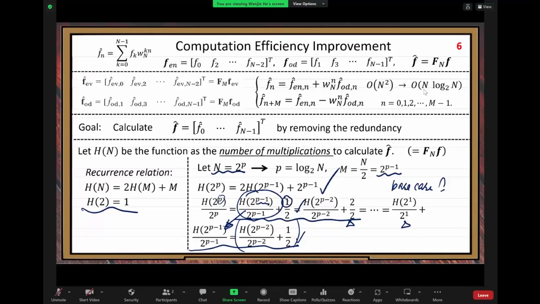P minus 1 plus 1 equals P. In the second iteration, P minus 2 plus 2 also equals P. This concept we call invariance.